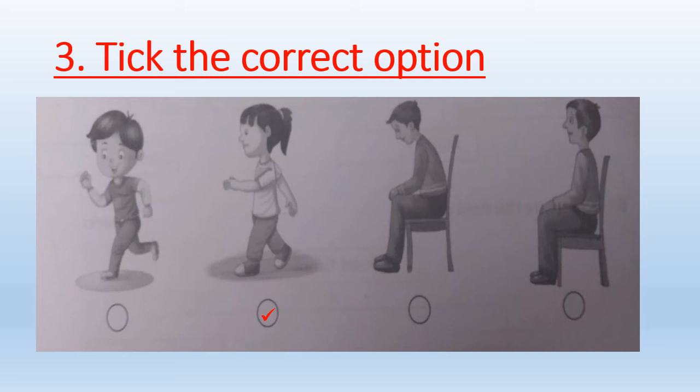So this will be the correct posture of sitting. So picture number 4, where the man is maintaining the correct posture, we will put a tick under it. So picture number 2 and picture number 4 have the correct posture.